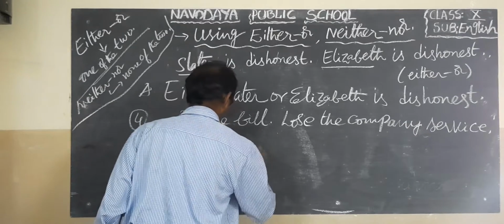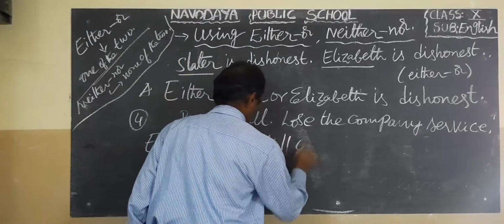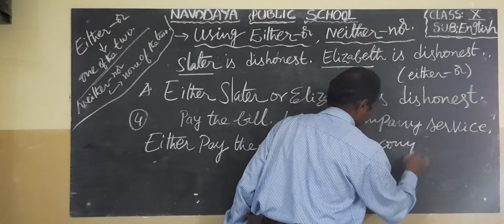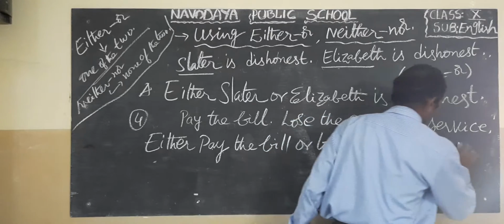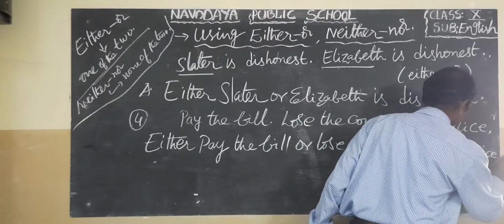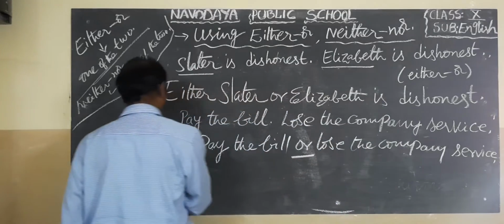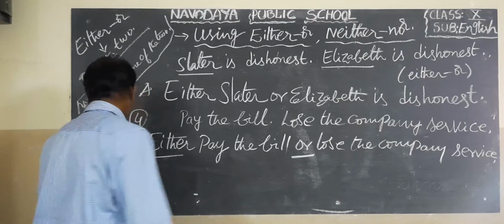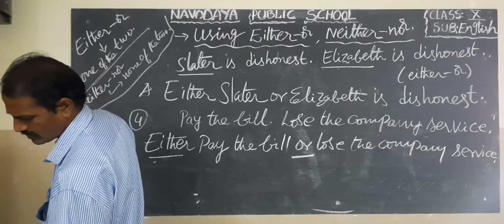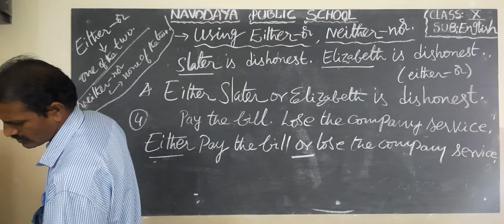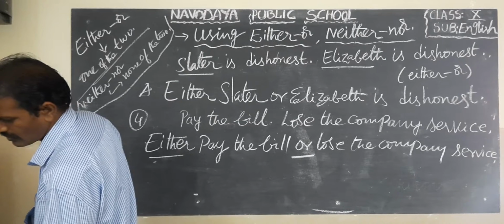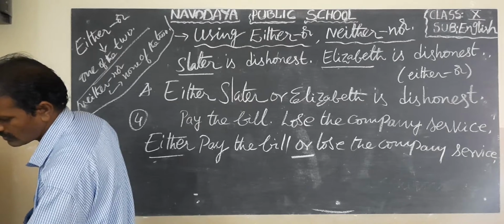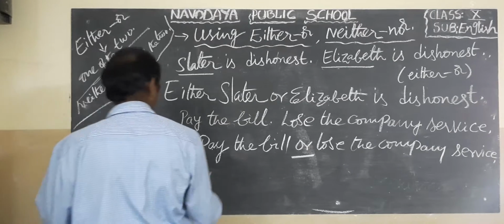Either pay the bill or lose the company service. So in this way, here is either or. Either pay the bill or lose the company service. Another example, children.